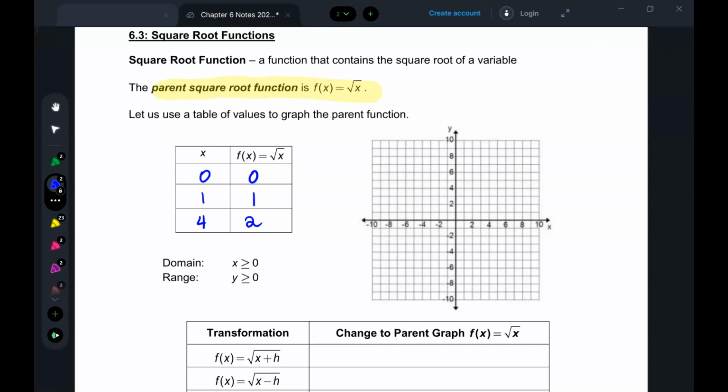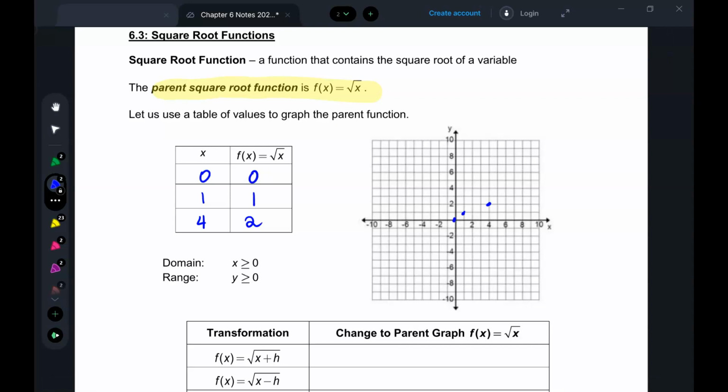Why don't we plug in 2 or 3? Because we would have a decimal approximation and we want to be able to graph these without a calculator. So let's start: (0, 0), (1, 1) and (4, 2).